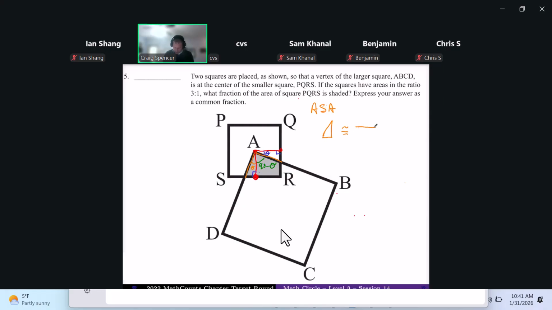If you take this triangle and dump it in over here, you're just filling in a quarter of this square PQRS. So the shaded area is equal to 1/4 of the area of PQRS.